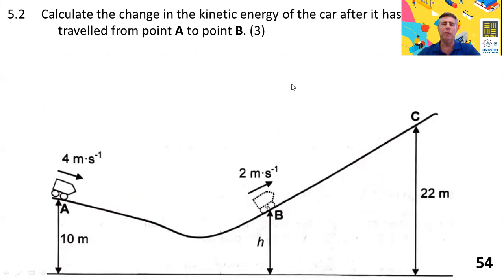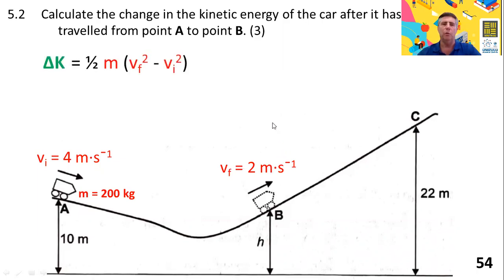You're asked to calculate the change in kinetic energy of the car after it has traveled from point A to point B. That's a very simple calculation. You don't need any heights. We know the mass of the car. You know that the initial velocity was 4, final velocity was 2. We just take our formula for kinetic energy, half mv squared, and the change in kinetic energy is half m times v final squared minus v initial squared.